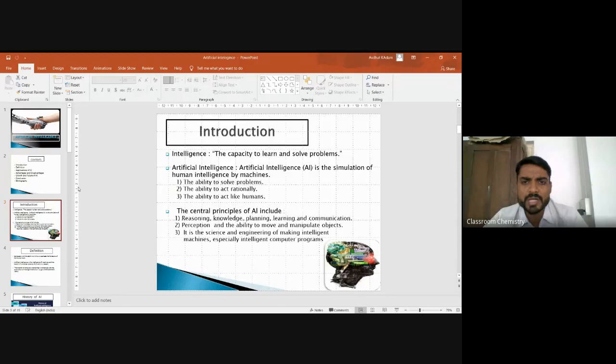Intelligence. What is meant by intelligence? Artificial, kritrim, intelligence. The capacity to learn and solve the problems. The capacity to learn and solve the problems is nothing but intelligence. Capacity to learn. If we imagine you are in laboratory, I am giving one compound for analysis of organic spotting. You first see the color. You learn, you see the color.